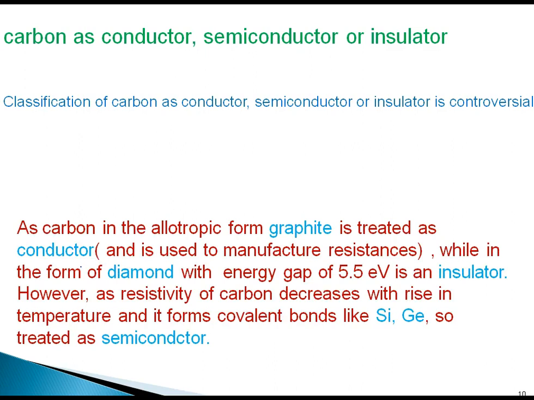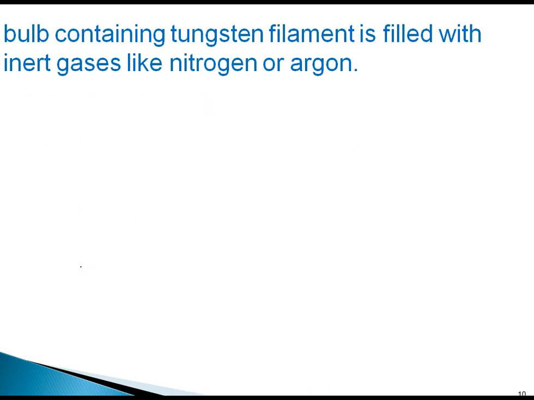Carbon in the form of graphite is treated as a conductor and it is used to manufacture resistance, known as the carbon resistance. In the form of diamond, it is known as an insulator. In the form of silicon-like structure, it forms bonds like silicon and germanium. In that sense, it behaves as a semiconductor. But why is this controversial? We will discuss it in the semiconductor chapter.